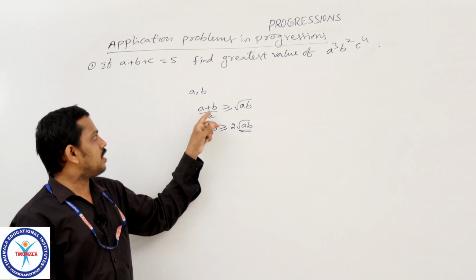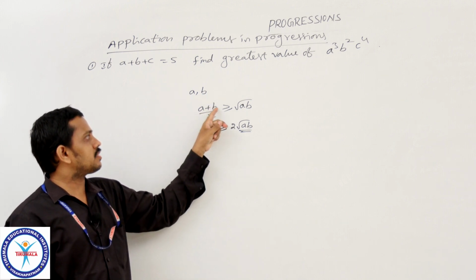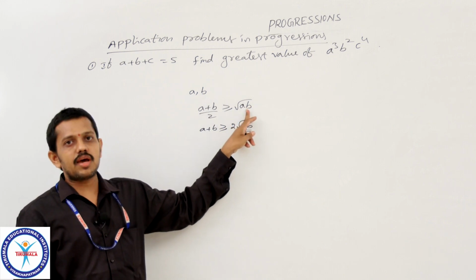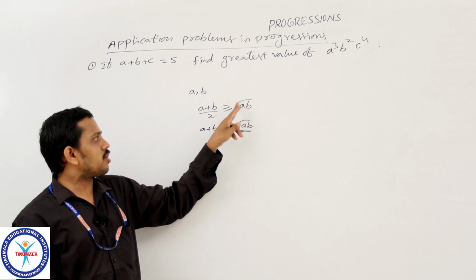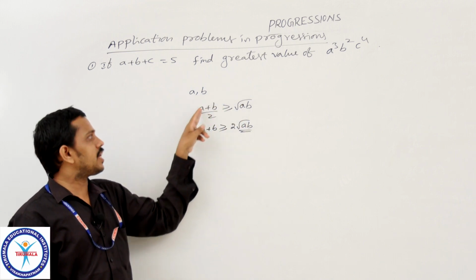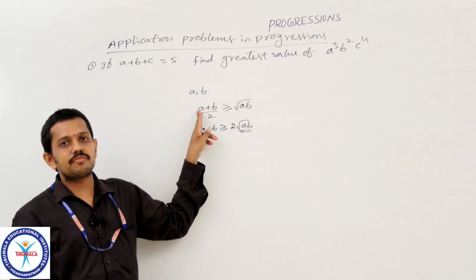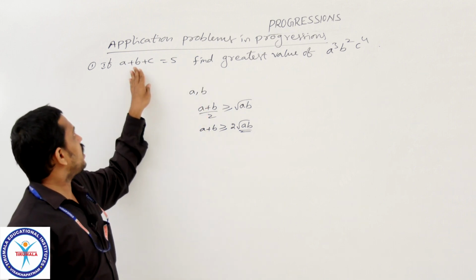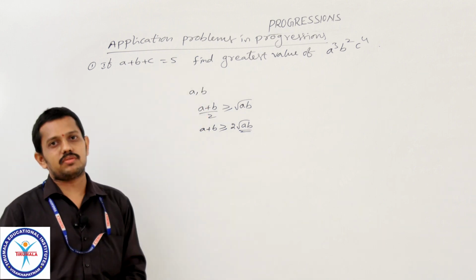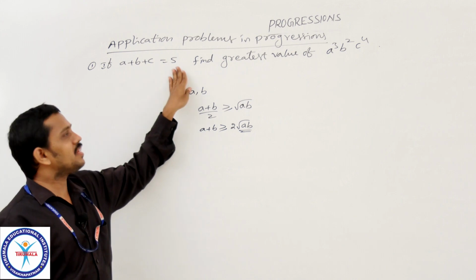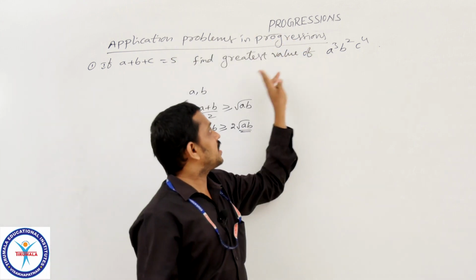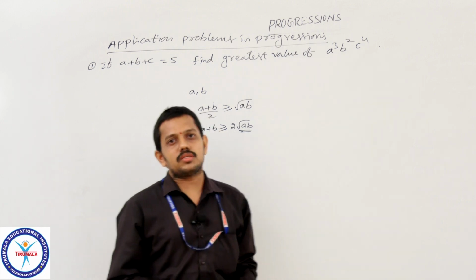Suppose if the left side, means the sum, is constant, then we get the greatest value of the product. If the product is constant, then we get the least value of the sum. So, here we require to find out, a plus b plus c is equal to 5, means the sum is constant. We require to find the greatest value of the product.